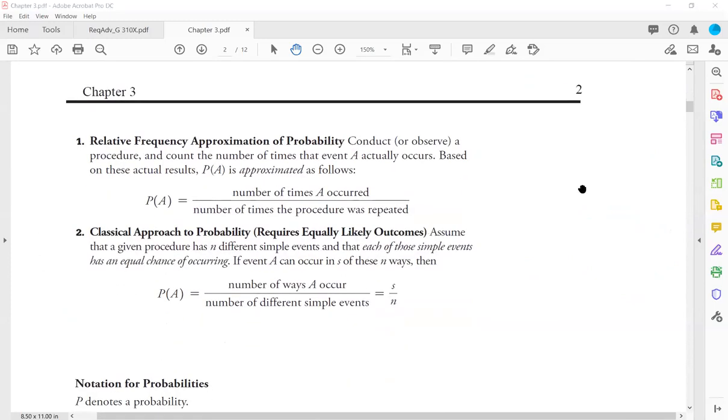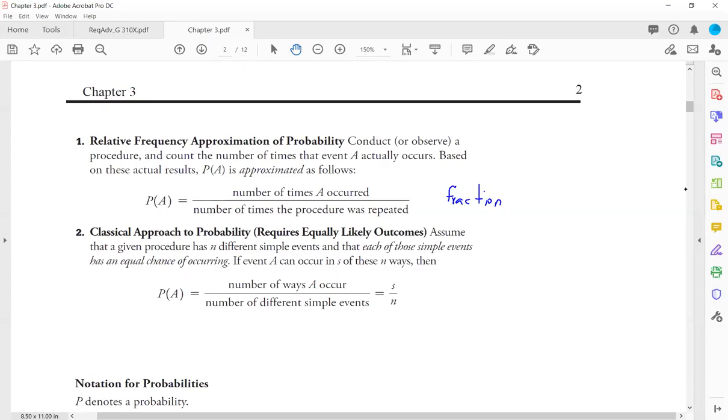Relative frequency approximation of probability. Suppose you have a procedure and you count the number of times that an event like A actually occurs. You can define the probability of that event by forming this fraction. It has a numerator and a denominator.